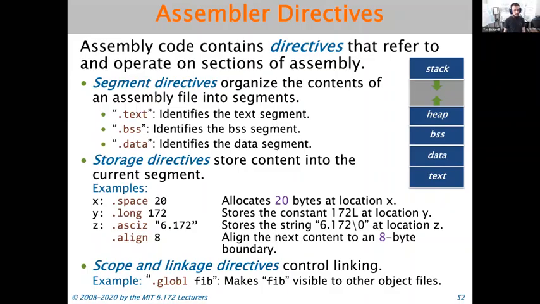You may also discover other directives in the assembly file, for example, storage directives for allocating space or storing constants or for implementing alignment at various places. And you might find directives for scope and linkage, like the .global directive, which specifies that a label is visible to other object files in the system, meaning that those other functions that were separately compiled could call this function fib in this case.